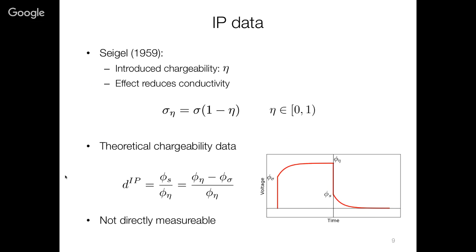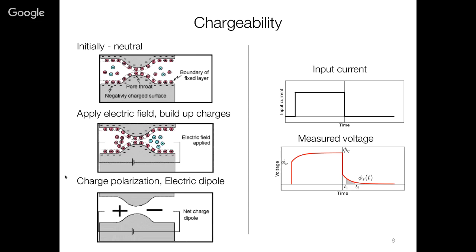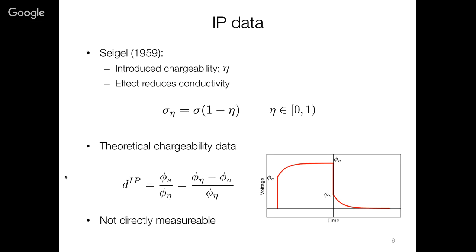And effectively what chargeability does is to reduce the electrical conductivity or increase the resistivity. So that's why a material that's chargeable will have an apparent resistivity value that's up here. So it's a higher resistivity than it would be if it wasn't chargeable. So the effect of chargeability is to reduce what the conductivity was.